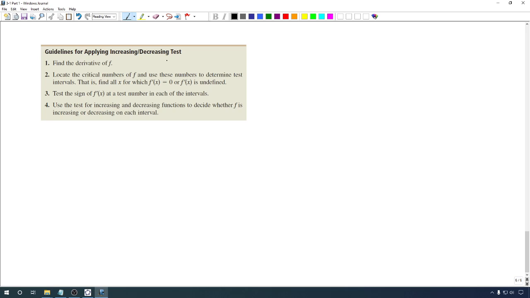When we're asking where a function is increasing or decreasing, first thing we do is take the derivative. Then we locate those critical points or critical numbers. Essentially, we set f prime equal to 0, and we also ask ourselves, where does f prime not exist?